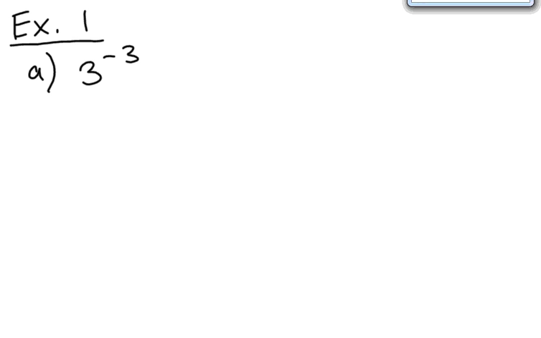Now let's look at some examples. For example 1, we're just going to look at numbers. We're not introducing variables yet. If I have 3 to the negative 3 power, our rule said that with a negative exponent, we want to make that into a fraction. So that becomes 1 over 3, and when I make it into a fraction, it undoes the negative exponent. So this becomes 1 over 3 cubed. It's just following that rule.